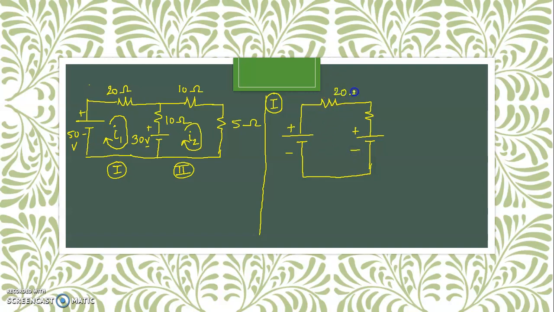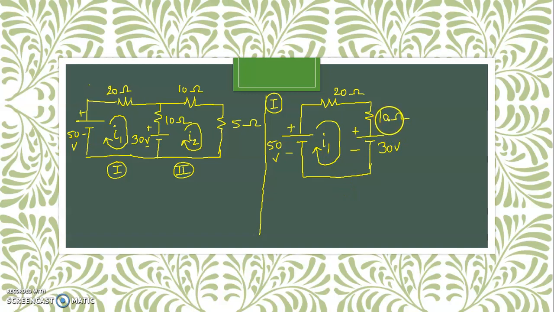This is 20 ohm, this one is 10 ohm. The voltage value for this source is 50 volt. The value of voltage for this source is 30 volt. Loop current is I1 in clockwise direction.